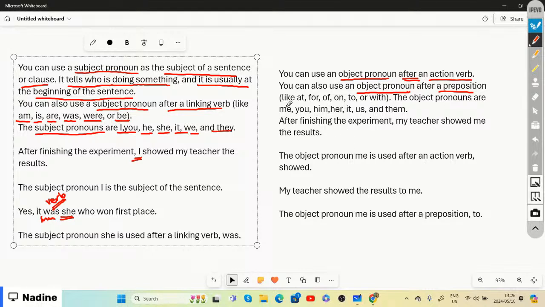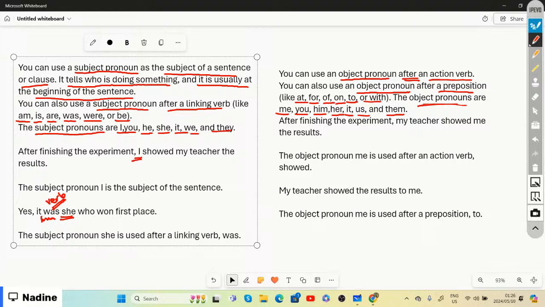And the prepositions are words like at, for, of, on, to, or with. That is a few prepositions, right? The object pronouns are words like me, you, him, her, it, us, and them. Those are object pronouns, right?